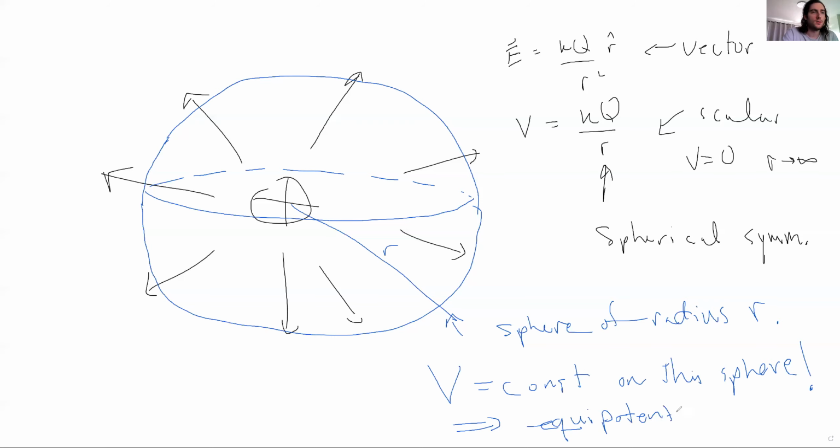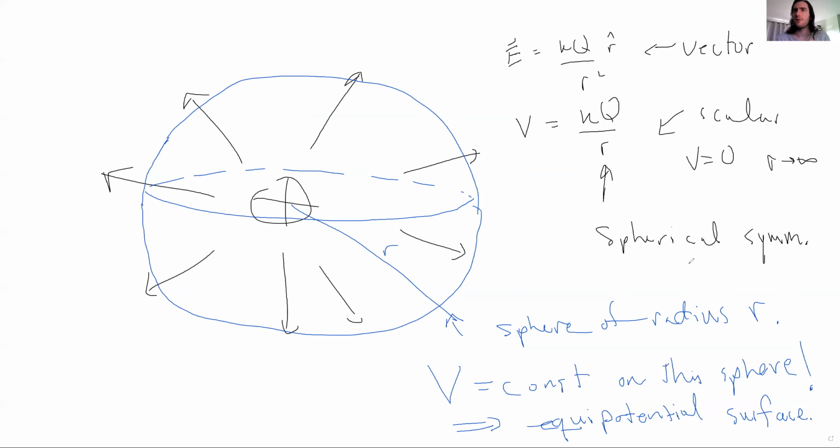Equipotential surface. What it means is that everywhere on that surface, as long as you stay on that surface, your potential doesn't change.